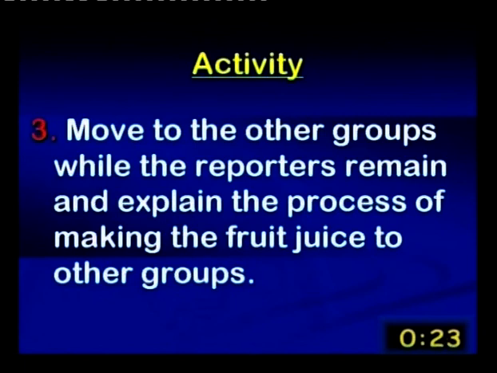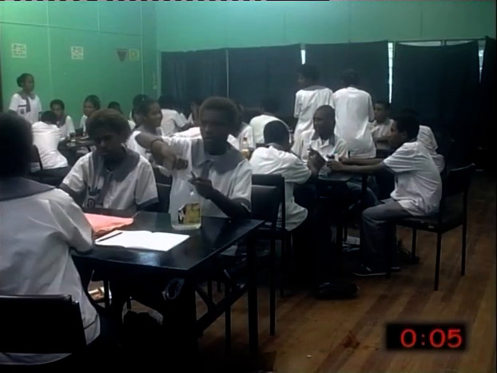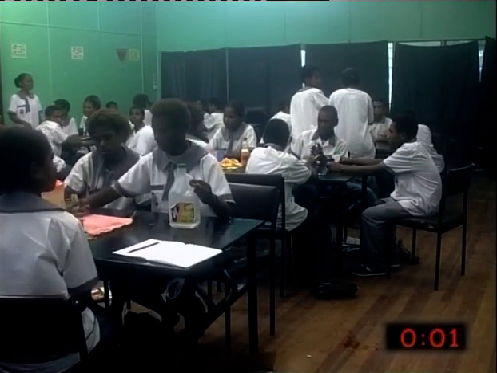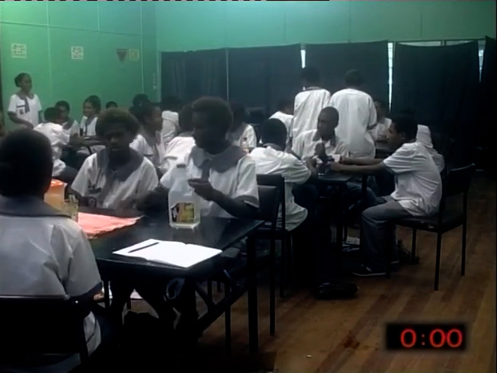All right. We will not start until everyone is quiet. All right, everyone should be sitting down. Now, instead of moving, let's just remain where we are, and someone in the group will explain to the class what they have done or how they have made their juice.